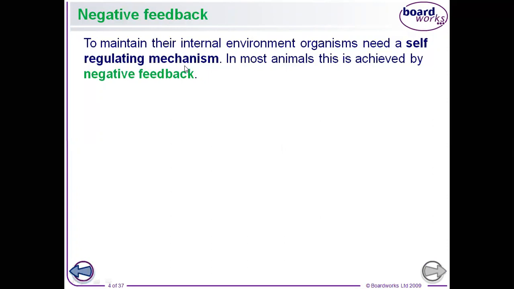So negative feedback is the mechanism that maintains this internal environment. It's a corrective mechanism. By this mechanism, mostly we achieve homeostasis. Negative feedback is actually the mechanism where the changes come against the original stimulus.